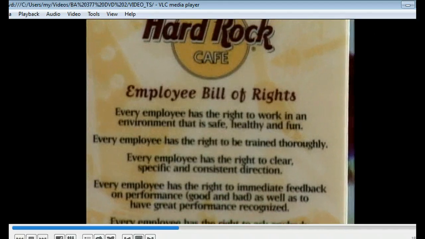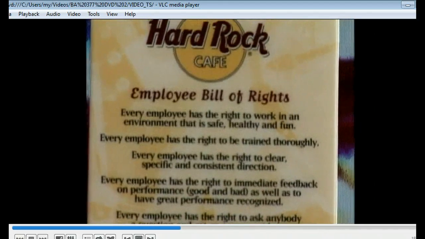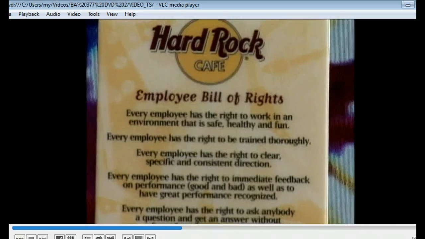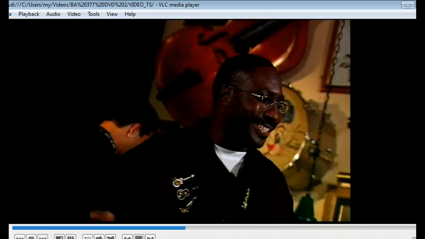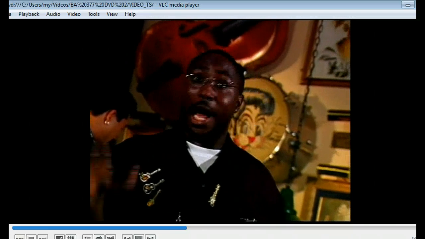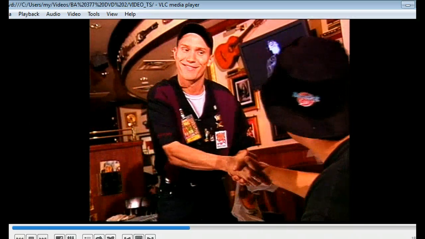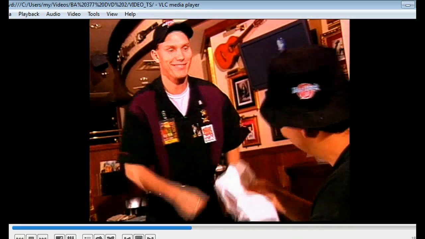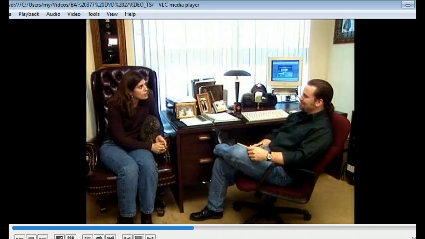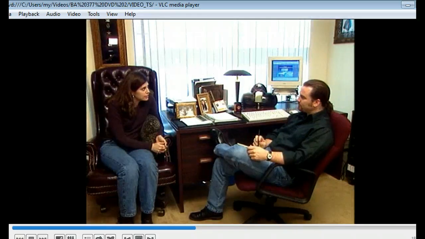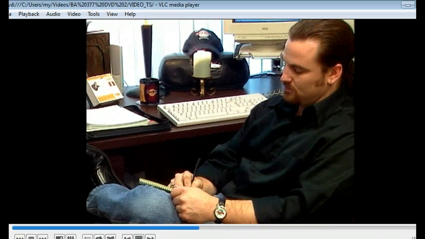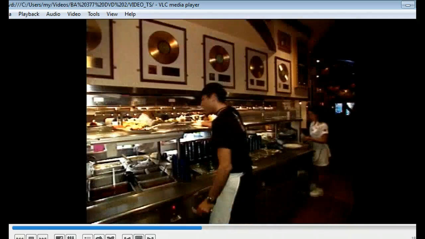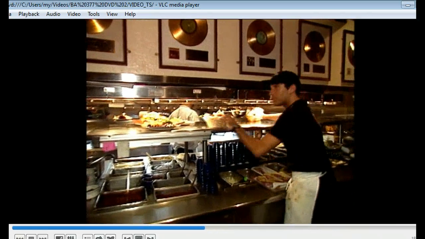Hard Rock has an employee bill of rights that helps promote a climate of a reasonable quality of work life with mutual commitment and trust. They also have a policy of hiring best qualified, not just best available. When you look at the unemployment rate nationwide, and then you throw in the fact that there are a ton of places in the industry where you can work, people can pretty much get a job anywhere.